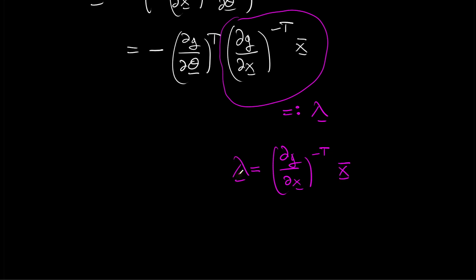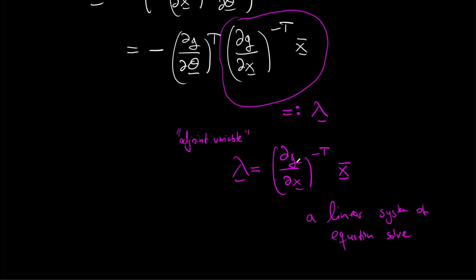So we find lambda, which we might also call the adjoint variable, but you can also think of it as an auxiliary variable. And we find that by solving this linear system of equations. Let's also make it a little bit more clear that it is a linear system.